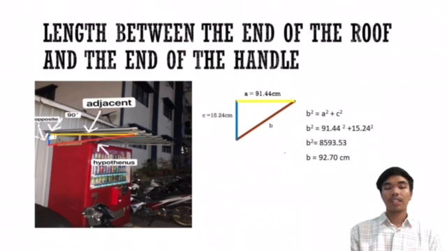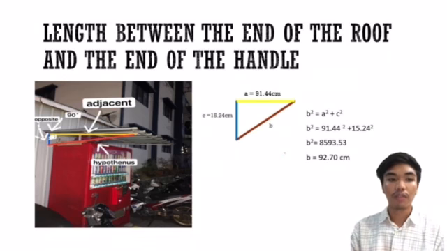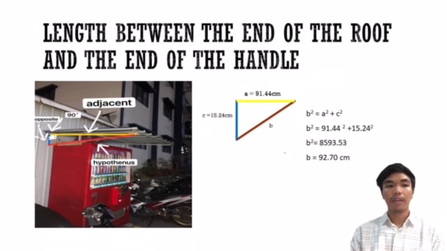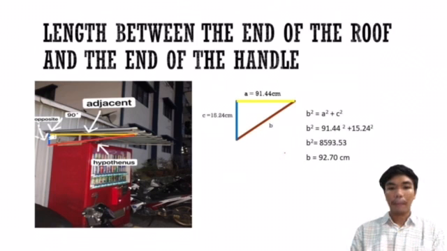For the first question, the length between the end of the roof and the end of the handle was labeled as B, which is the hypotenuse of the triangle. We use the formula B square equals A square plus C square. We put these numbers into the formula, which is B square equals 91.44 square plus 15.24 square.